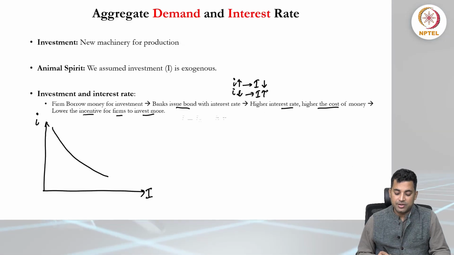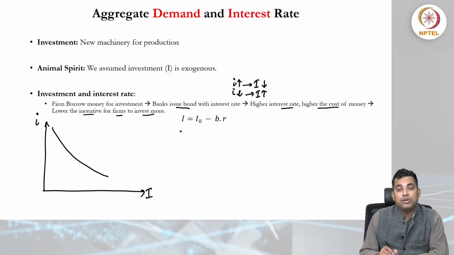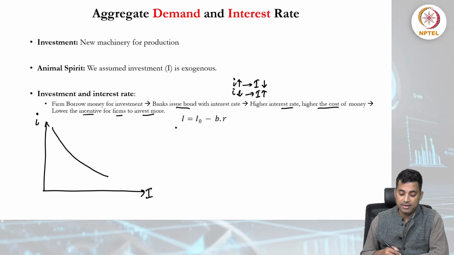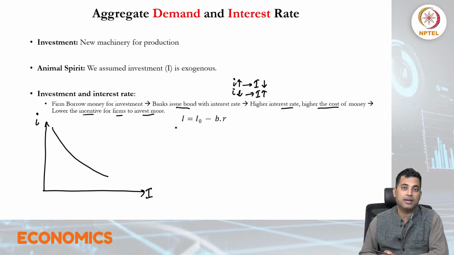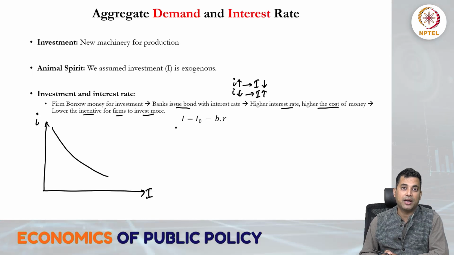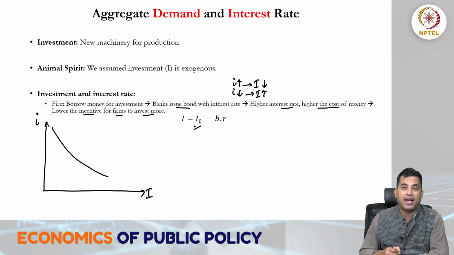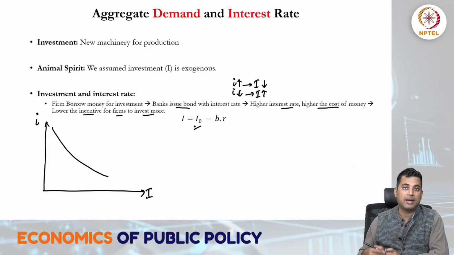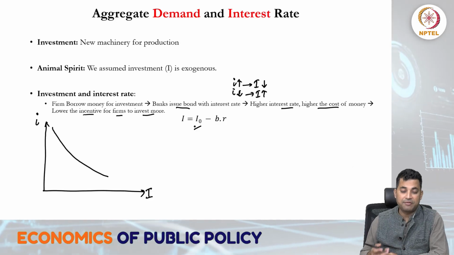So in equation form, we can write the total investment, capital I, as equal to I naught, where I naught is the planned investment, which is fixed across time. So it's a fixed investment.